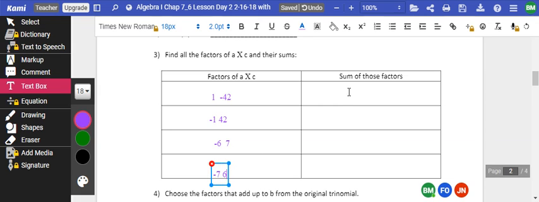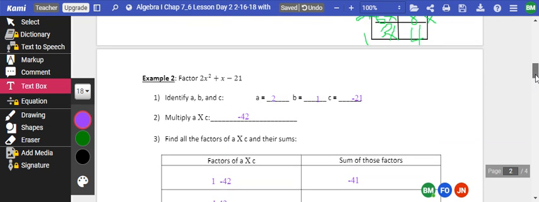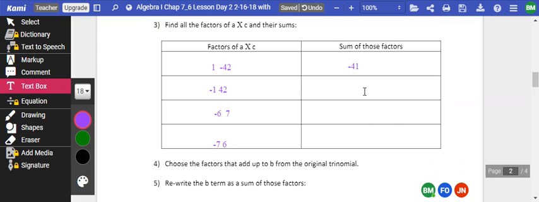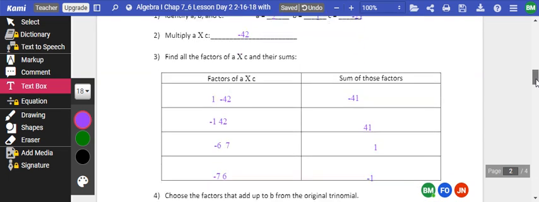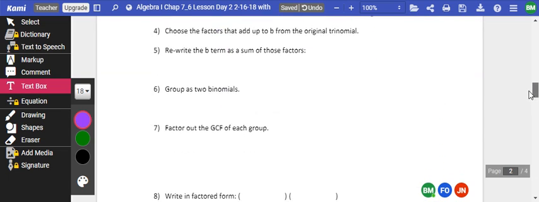Those matter because when I add them together, 1 plus negative 42 is negative 41. We don't want that, because we want the answer to be 1. Negative 1 plus 42 gives us 41. Again, not what I want. Negative 6 plus 7 gives me 1. Negative 7 plus 6 gives me negative 1. So I want the one that gives me a positive 1. So I'm going to use negative 6 and 7.